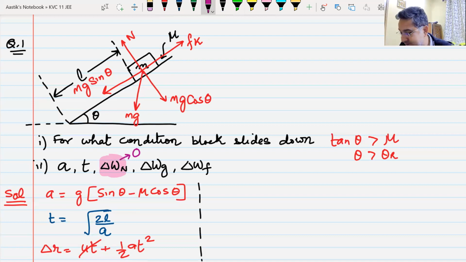Work done by gravity. How do I find the work done by gravity?